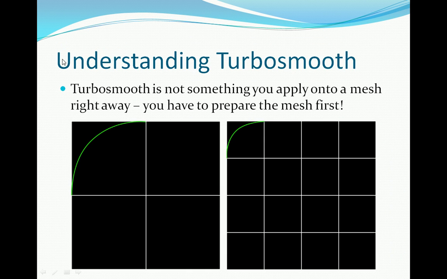So basically, you need to understand how Turbosmooth actually works before you can use it. Turbosmooth is not something you apply to a mesh right away, because you have to prepare the mesh first. Say we have a cube with 4 segments for each side. If I applied a Turbosmooth with a generous amount of iterations, it interpolates everything really smoothly.